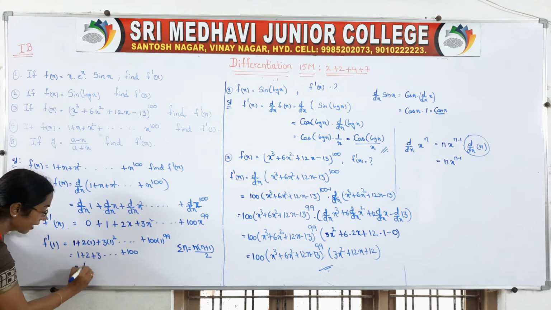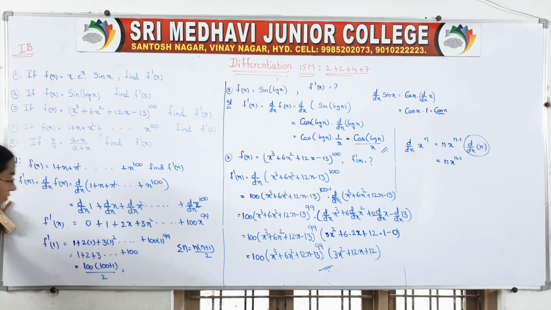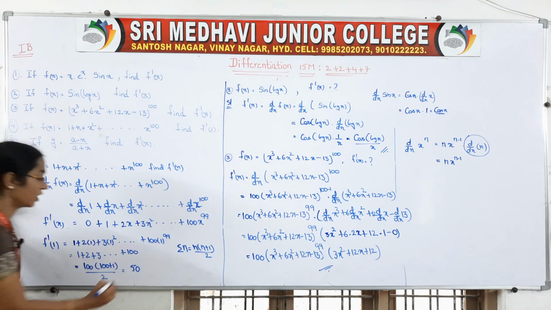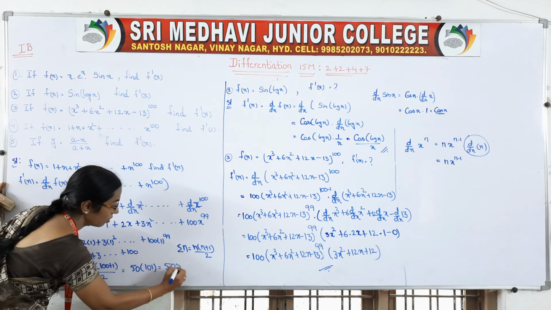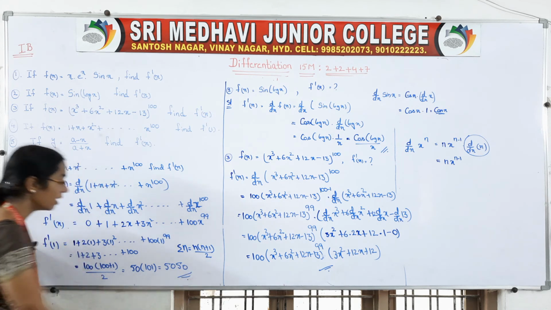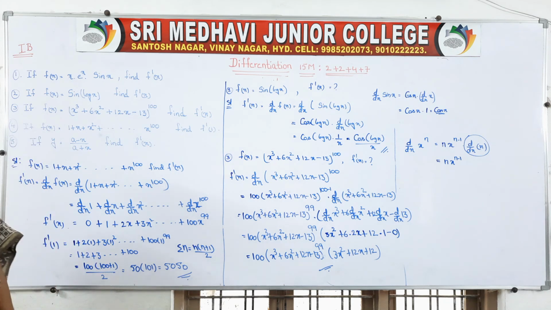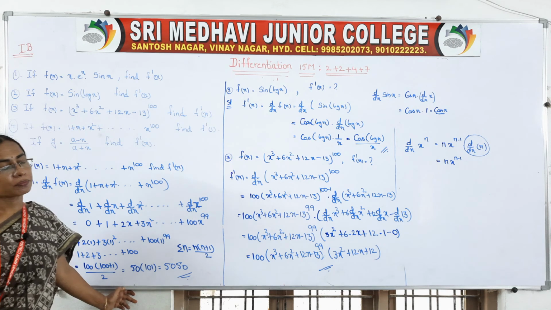So we will take 100 into 100 plus 1 by 2, this is 50, right? So 100 by 2 is 50, and this is 101, is equal to 5050. Okay, so this is the answer for your fourth question.